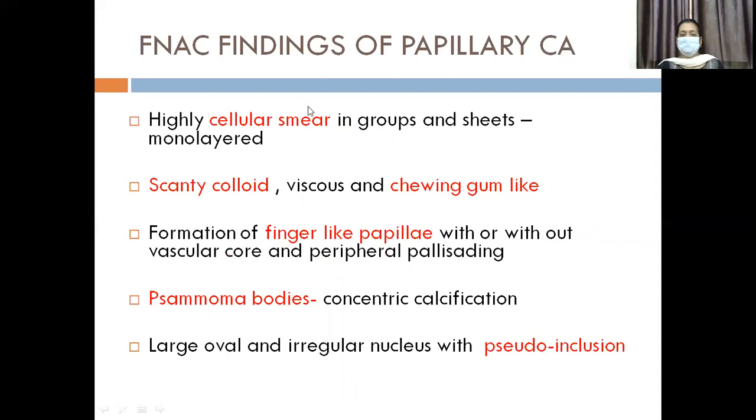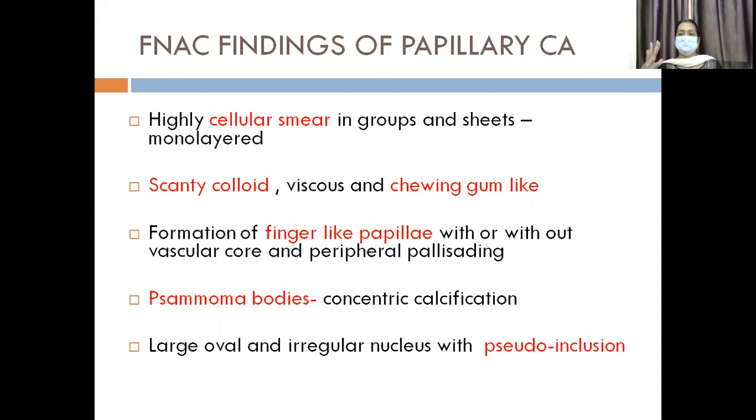So FNAC findings: you see monolayer sheets, a highly cellular smear, papillae-like projections, and the most important is the colloid. Once you do a thyroid FNAC for a normal patient, you know that there is a colloid tinge completely seen in the background.